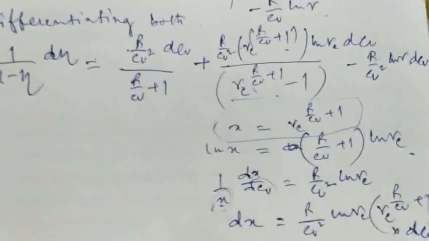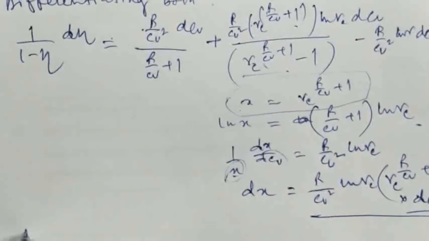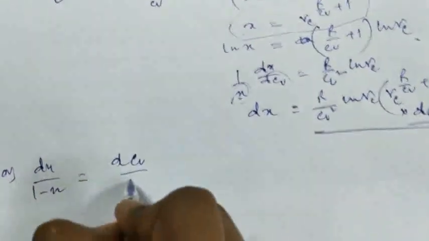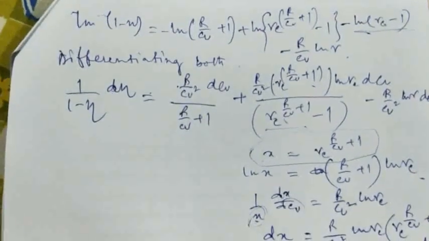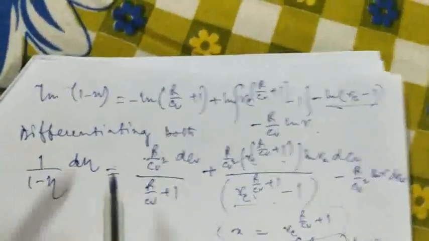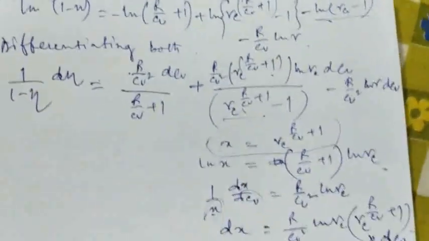Now d of efficiency, 1 by efficiency, take this d of cv by cv common from both sides, minus sign will be also common, r by cv common, we are taking common these things, r dcv by cv square.